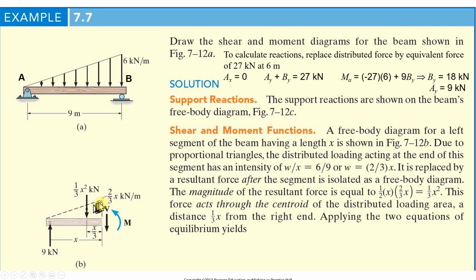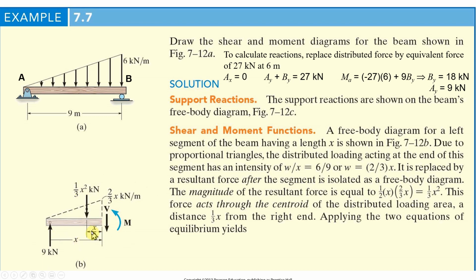So we've got to keep the triangle first. We can't just use the 27 kilonewtons acting at 6 meters. We got to go back to the triangle. We got to go back to a distributed load and cut the beam, and then we find the equivalent force right here. 1/3 x squared kilonewtons at x over 3 from the right side.